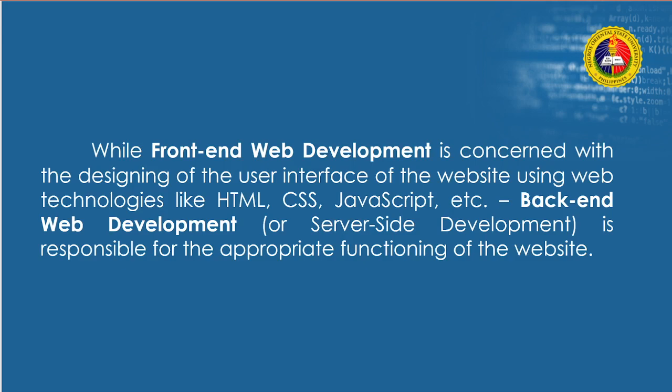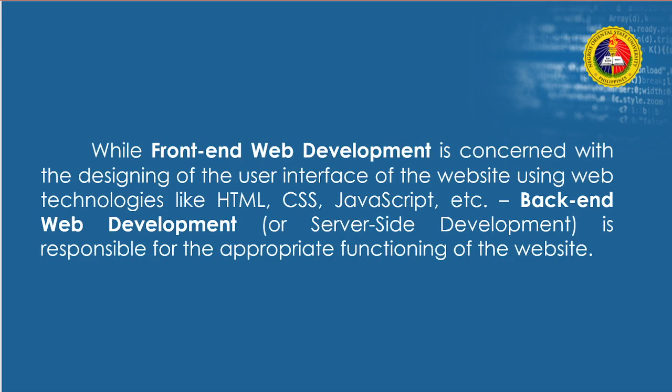Let's say, for example, Facebook. Facebook has front end and back end technologies. For the front end, that's how we see it, what we are seeing on our screen. Whatever we see on our computer or smartphones is using front end technologies.